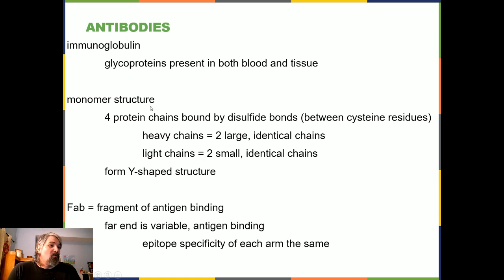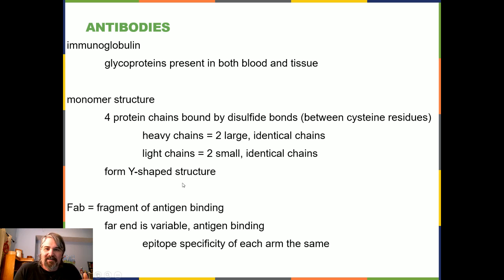Antibodies. The monomer structure of the antibody is 4 protein chains bound together by disulfide bonds, and that's between cysteines. The heavy chains are 2 large identical chains, and the light chains are also identical chains.